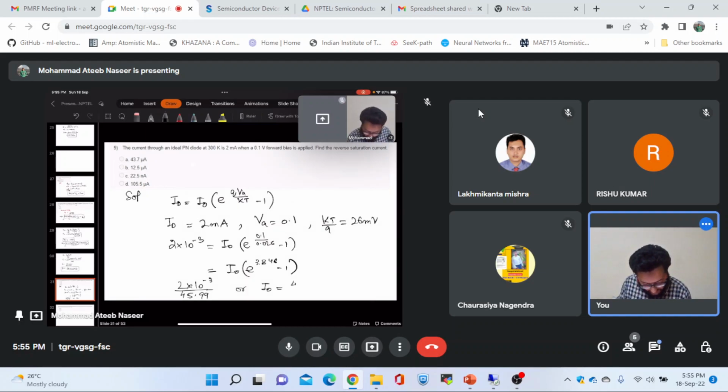It will be 43.5 into 10 raised power minus 6 एम्पियर. ये हमारे पास आएगा रिवर्स सैचुरेशन करंट का वैल्यू.